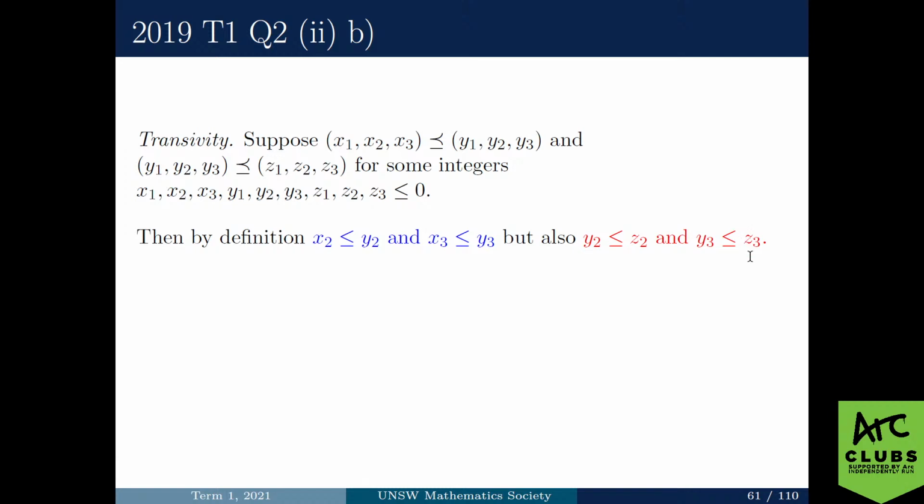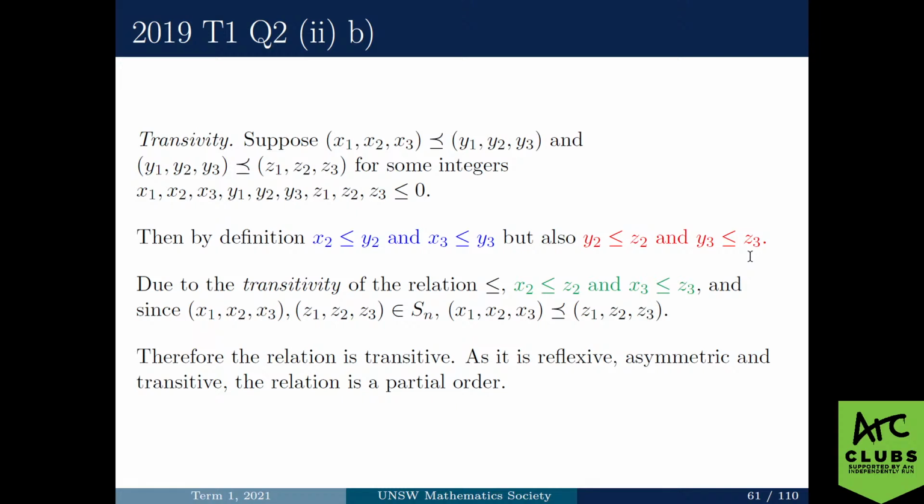And can someone tell me why we can conclude that x2 is less than or equal to z2? Yeah. Well, this is actually quite interesting because now we're just using the transitivity of the operator less than or equal to, right? Because it's just given that this operator is transitive. That means we can conclude that x2 is less than or equal to z2 and x3 is less than or equal to z3.